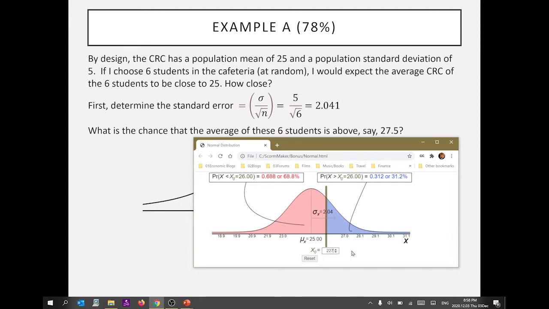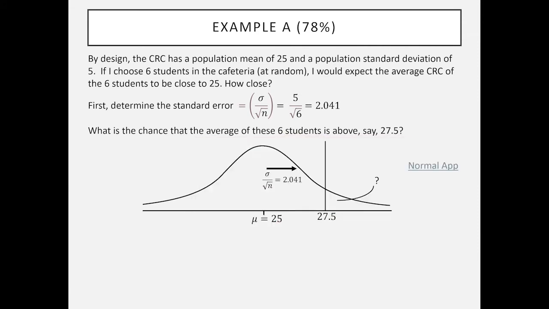This is arbitrary, by the way, the 27.5. And, whoops, got that wrong somehow. There we go. And the answer is 11%. Let me see if I got that right. Yeah, it's 11%.